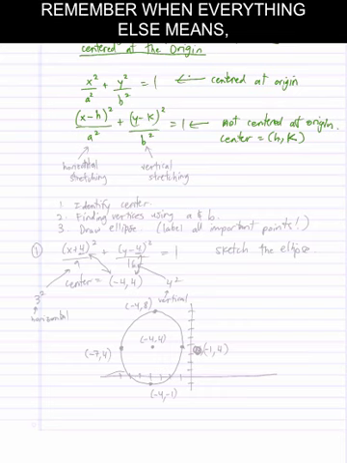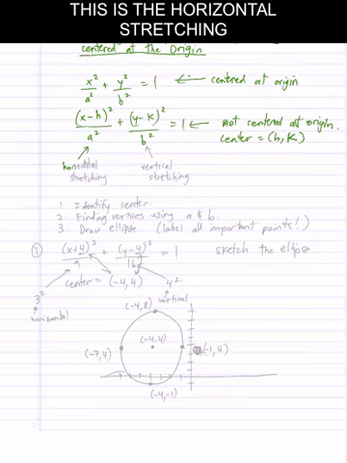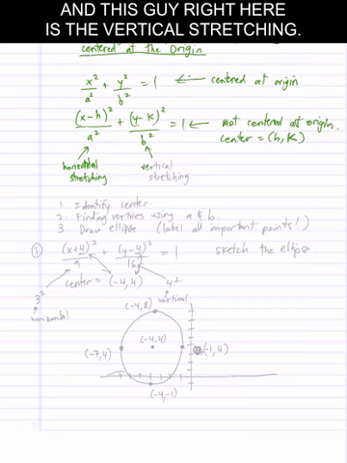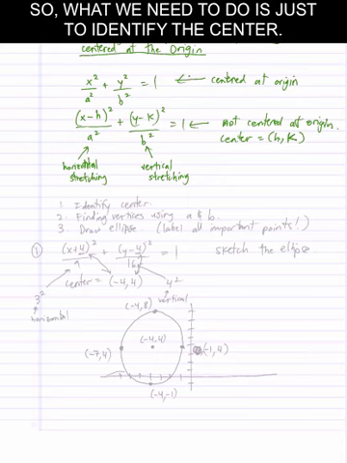Remember what everything else means. This is the horizontal stretching. And this guy right here is the vertical stretching. So what we need to do is just to identify the center.